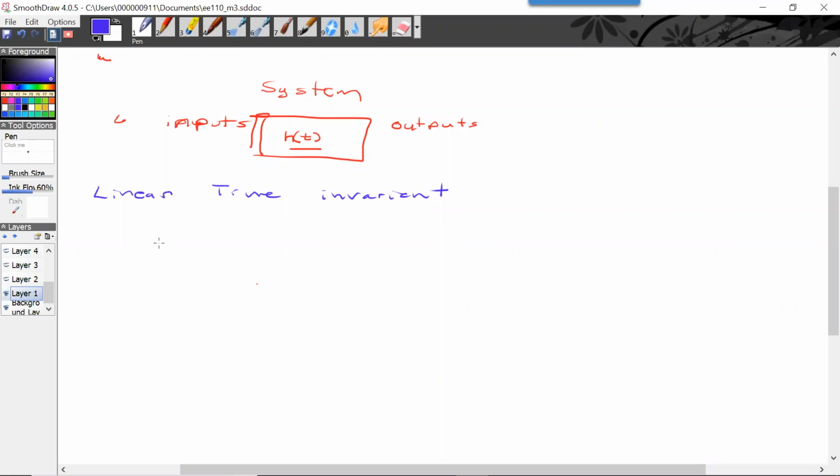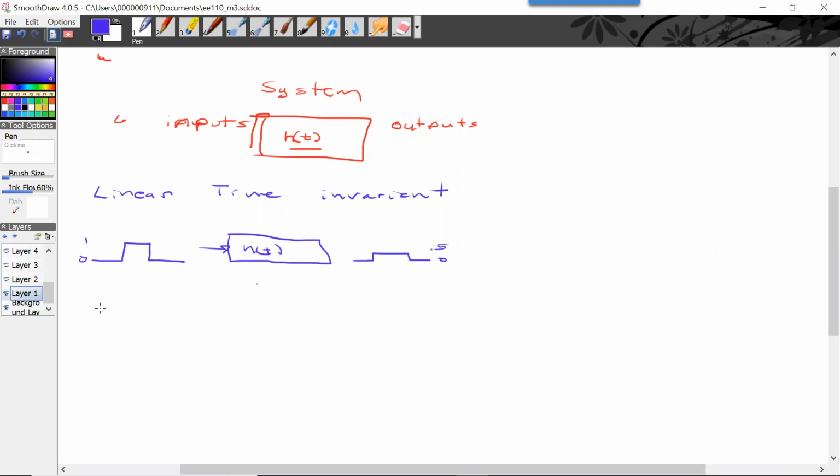That's essentially if I have an input, and it goes from, let's say, 0 to 1. It goes into our system, and let's say now it goes from 0 to 0.5.